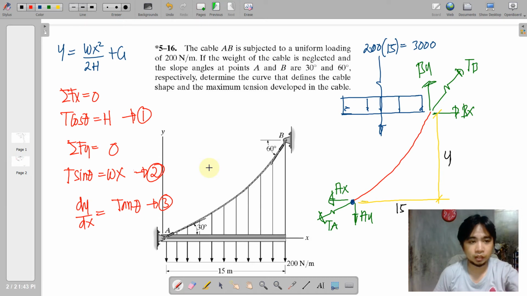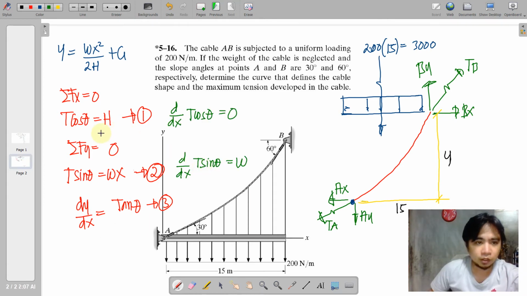And it should be noted that this equation came from these three equations. Summation of forces x, we have T cosine theta is equal to H. Summation of forces y, T sine theta is equal to wx. And this is a general rule of the slope: dy over dx is equal to tangent theta.